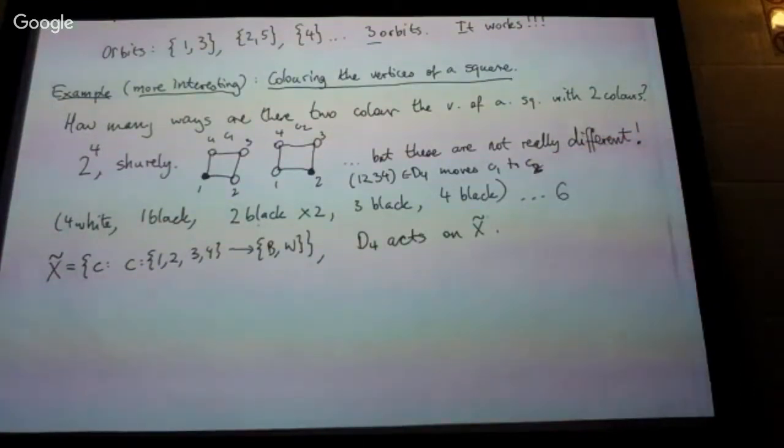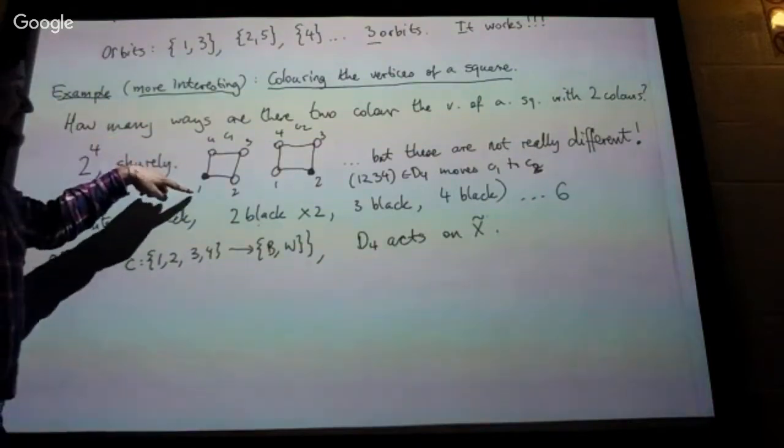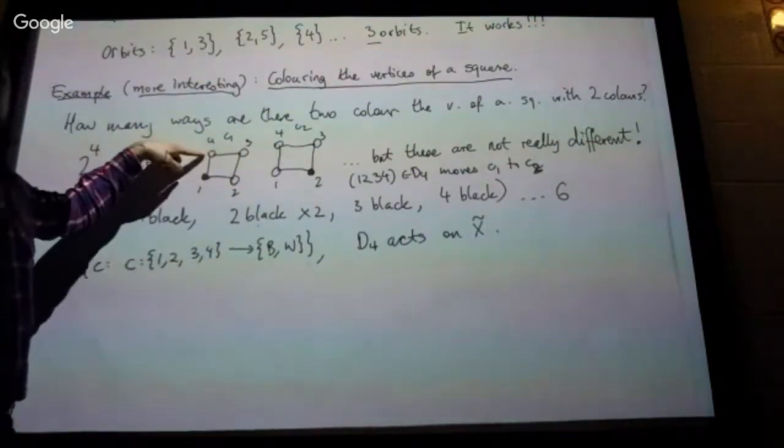Do you agree? Well, that's the point. C1 is a map that maps 1 to black, 2 to white, 3 to white, and 4 to white.